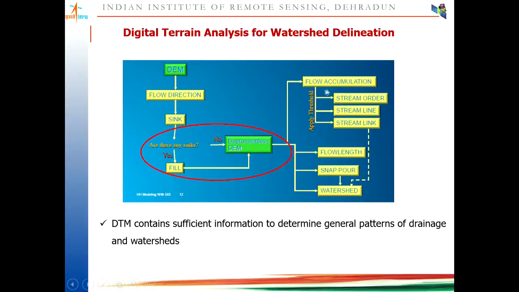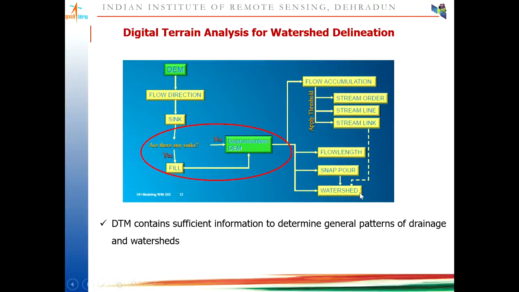So we can generate the flow accumulation algorithm, which shows where the runoff of water will accumulate, and this flow accumulation map is used to generate the stream order: first order stream, second order stream, third order streams. So you can generate the stream link, and this can be used to prepare the watershed map or sub watershed map.